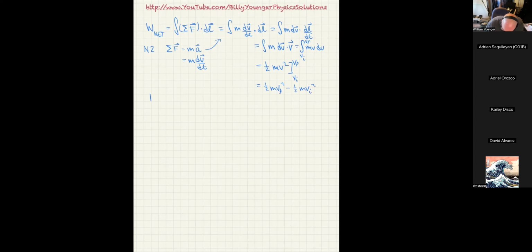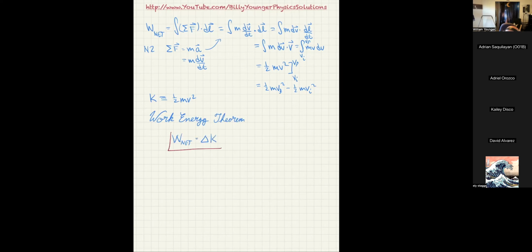And lo and behold, we can take kinetic energy K and define it to be 1/2 m v squared, in which case we've now come up with the work-energy theorem. And it basically says the net work done on any system is equal to the change in kinetic energy. That is the work-energy theorem.